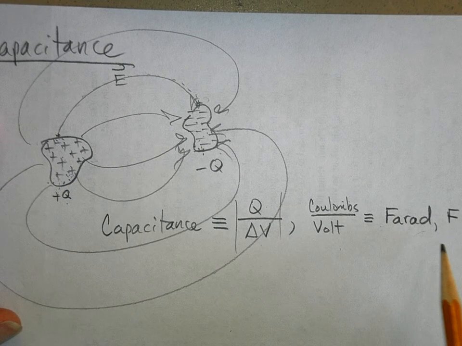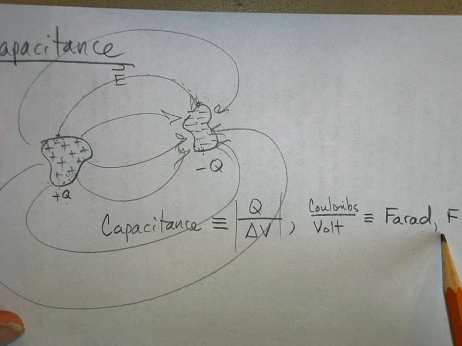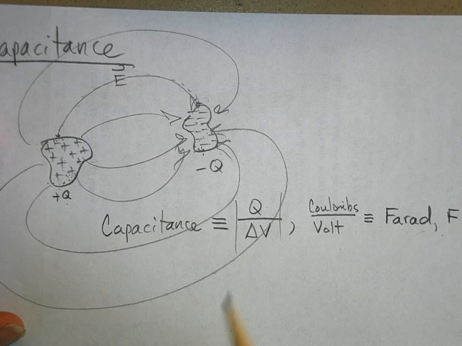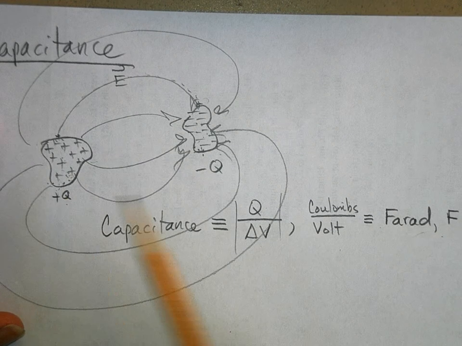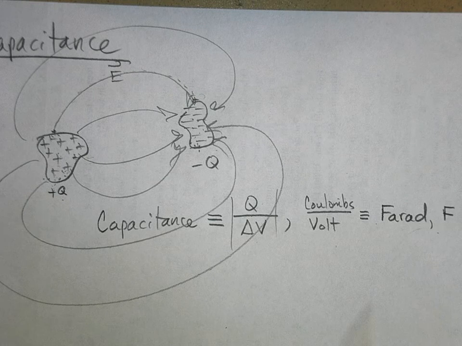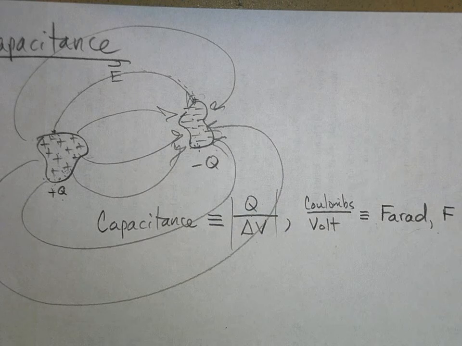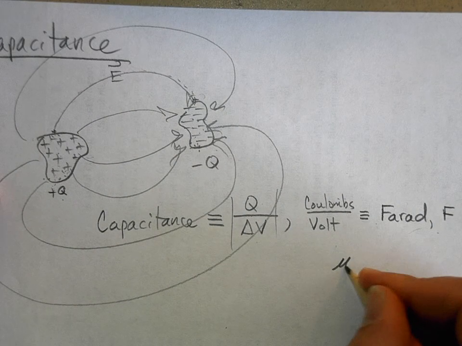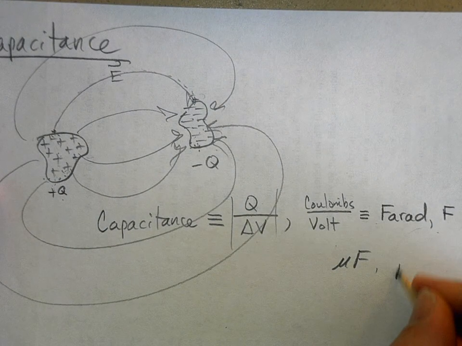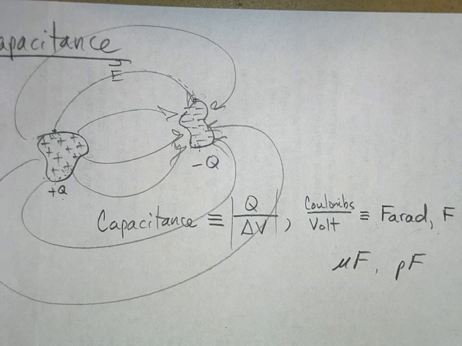So you quite often will deal with microfarads, or even picocoulombs and picofarads. So you have to use those tiny little metric system prefixes with this. So you'll quite often see microfarads or picofarads when you look at actual capacitors.